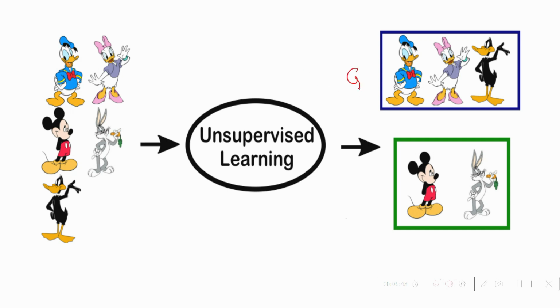This is group 1 and this is group 2. Group 1 contains similar behavior elements, like ducks only, and group 2 contains only Mickey Mouse. Like that, we group things with the help of an unsupervised learning algorithm. Simply, this process is called a clustering algorithm.